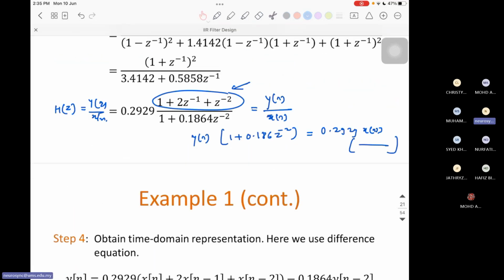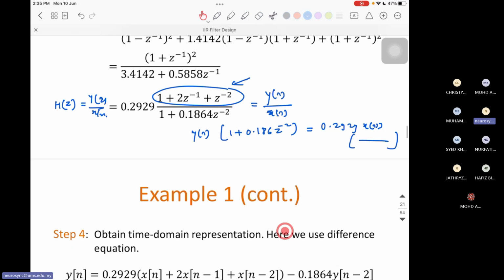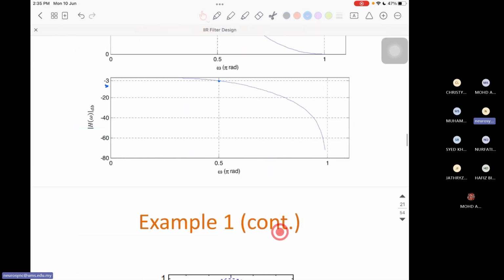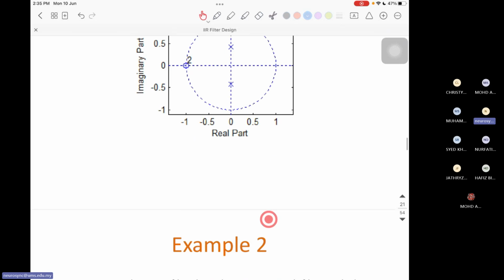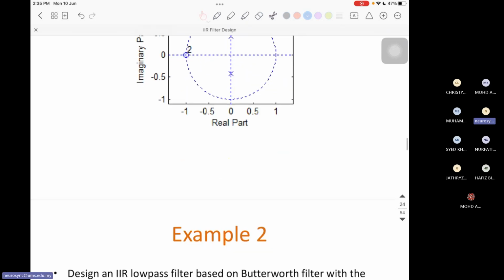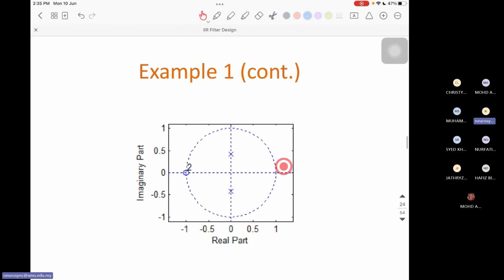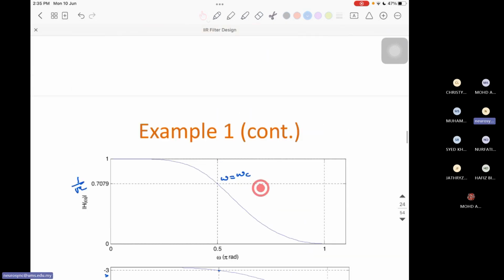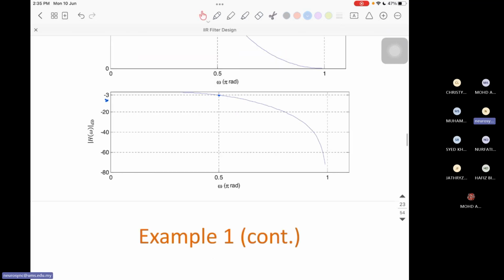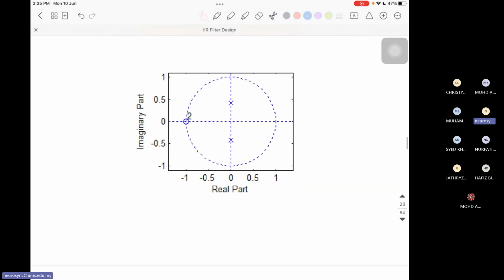So this is the second order filter. Please understand, a second order filter strictly will be having two poles. So this is the pole zero plot. If I plot the characteristics in terms of the magnitude plot and the pole zero plot, I can see it clearly.